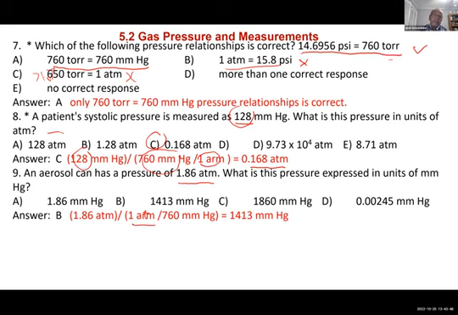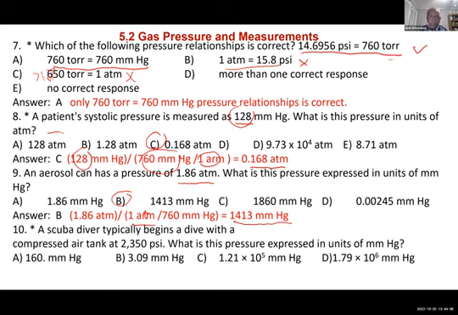This is multiplication. You get 1430, which is B. That's how you convert pressures.